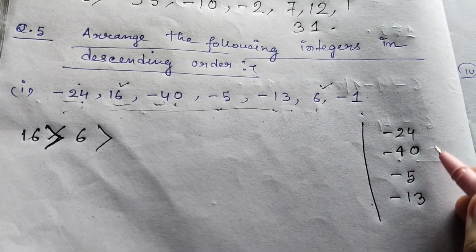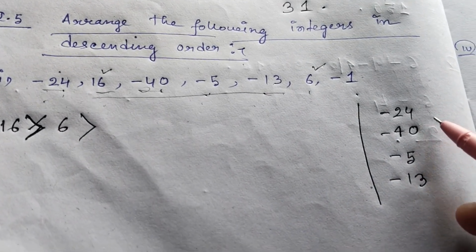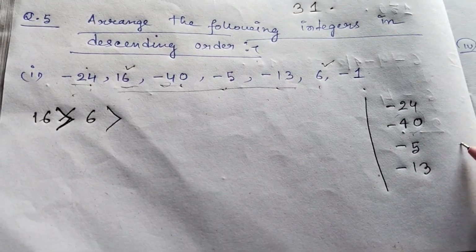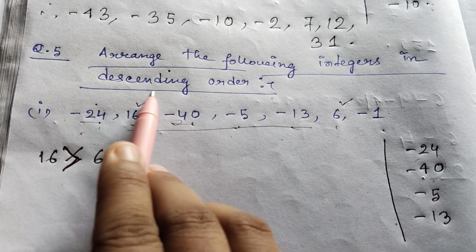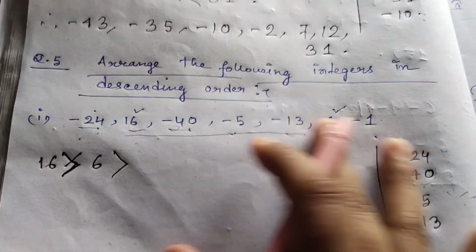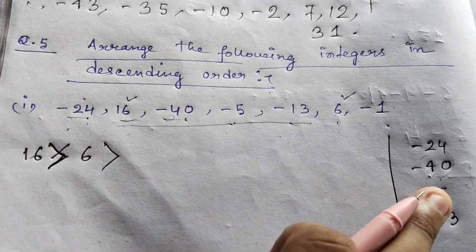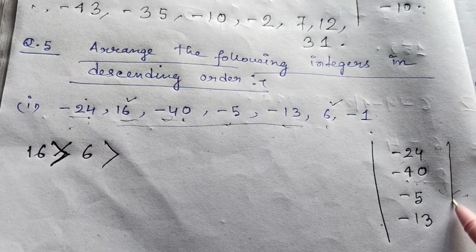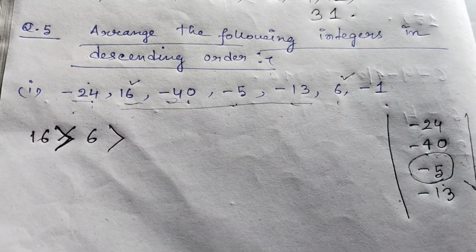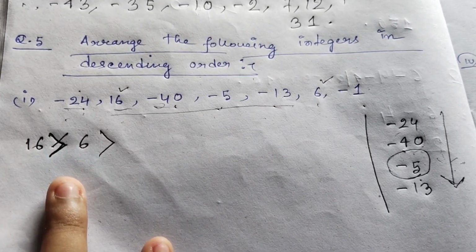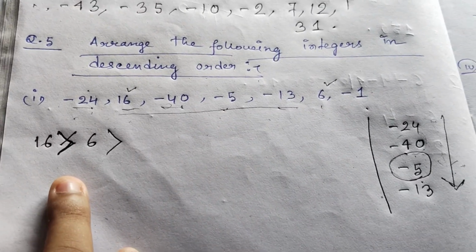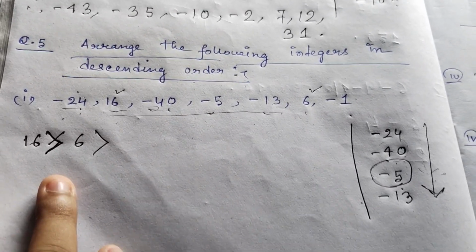You know how to compare these negative integers. In negative integers, the one that is bigger in basics becomes smaller. We have to arrange in descending order, right? So in this case you have to find which negative integer is bigger, not smallest. Among them -5 is bigger, because the one that is smaller in basics becomes the biggest in negative integers.